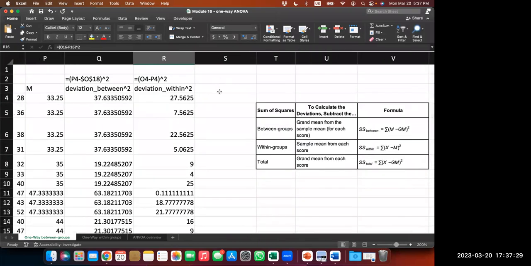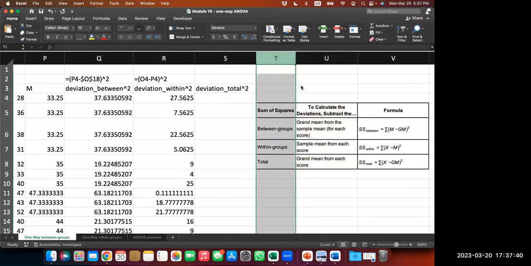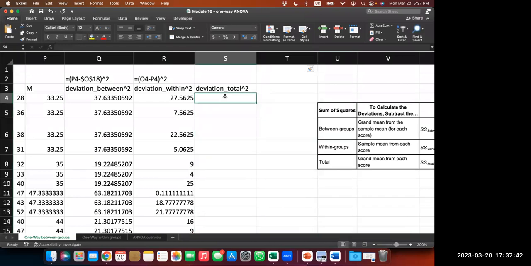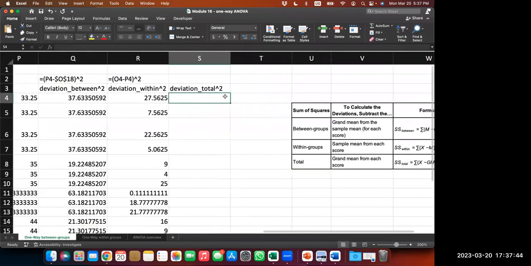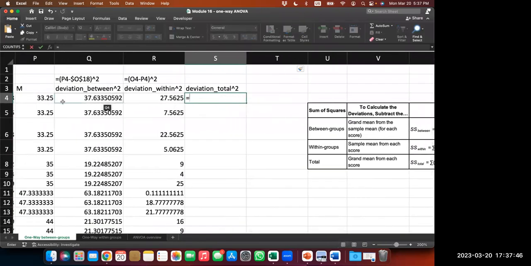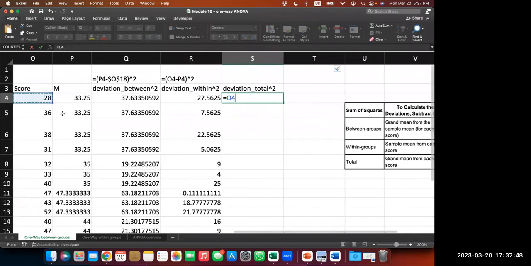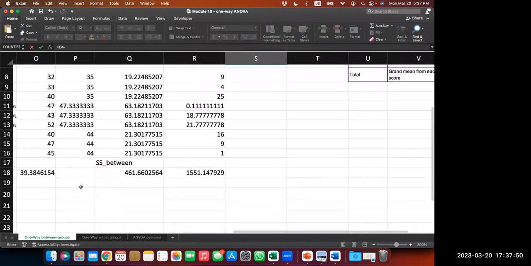So now sum of squares total. So that's deviation total squared, which is now x minus gm. So x minus gm, squared and locked in.